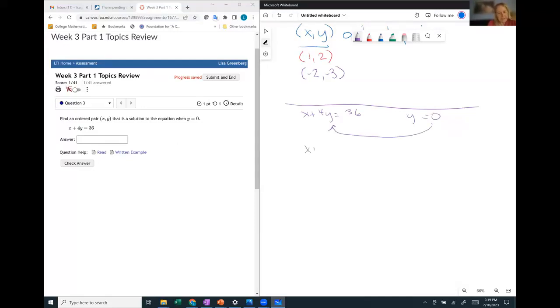I get x plus 4 times 0 equals 36. Obviously, that's 0, so we have x equals 36. Now, what does that mean? My ordered pair would be x equals 36, y equals 0. And that's really all there is to that.